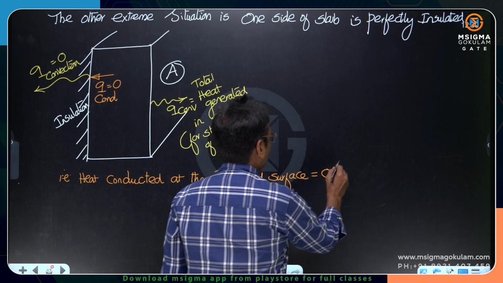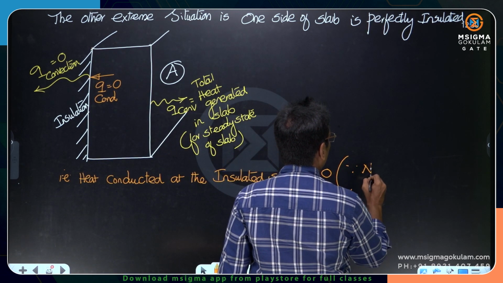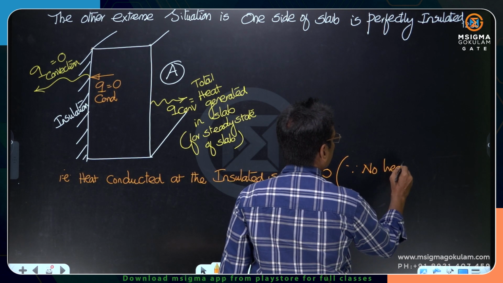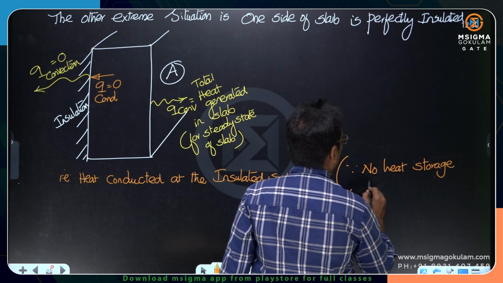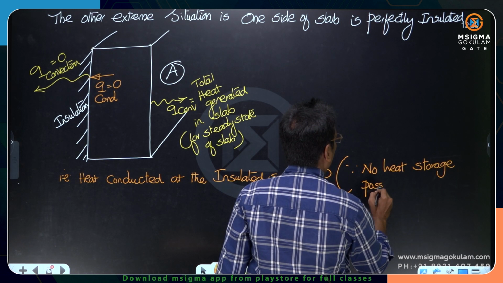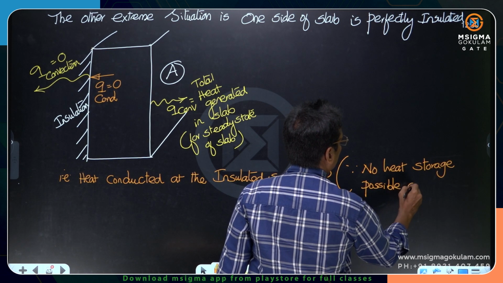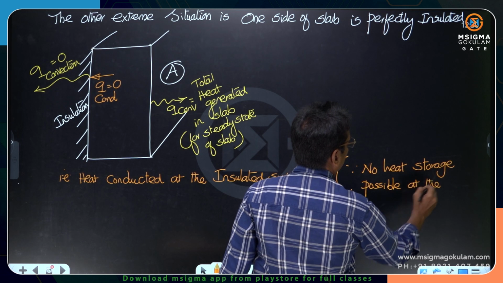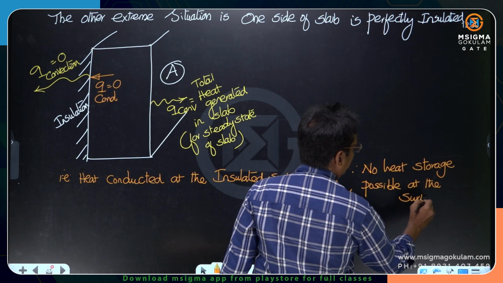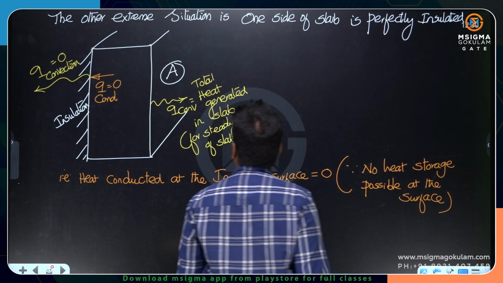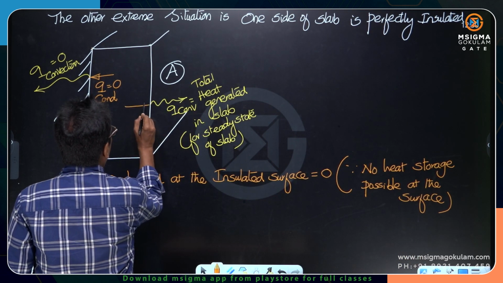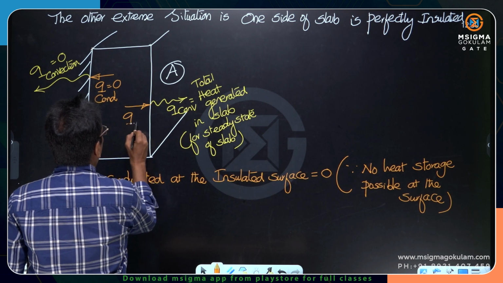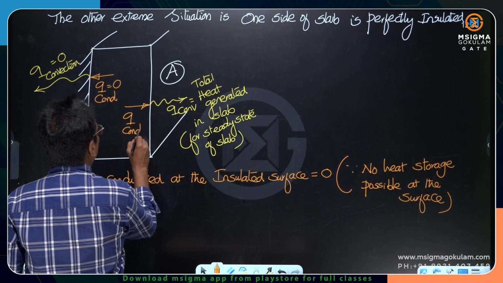Since no heat storage is possible at the surface. That means heat convected at the surface should always be followed by the same heat conducted at the surface. These two should be equal.